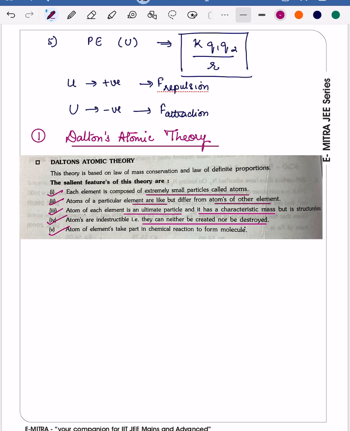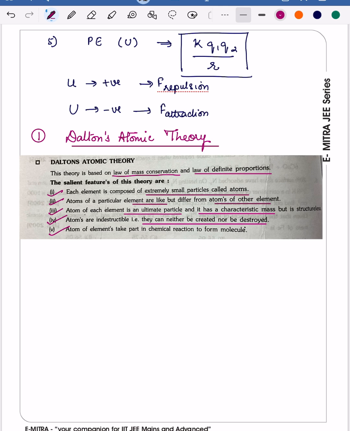Okay, but the theory that he developed had certain drawbacks also. He was not able to explain certain things. Okay, he was able to explain the law of conservation of mass. He was able to explain the law of definite proportion. He was also able to explain the law of constant composition.